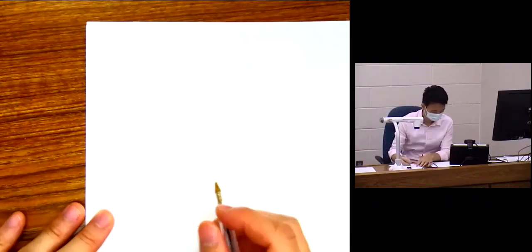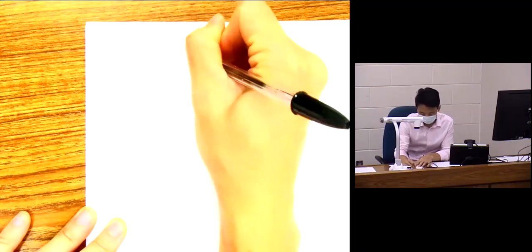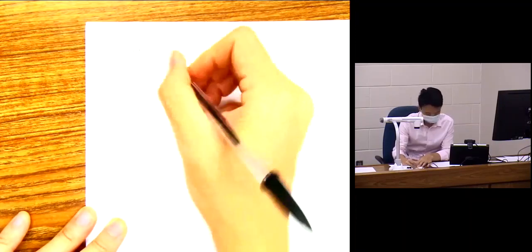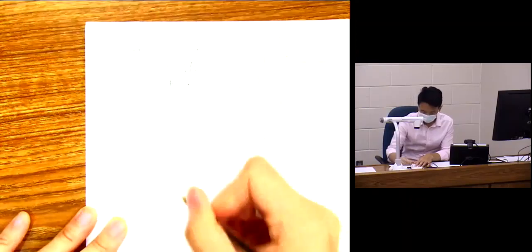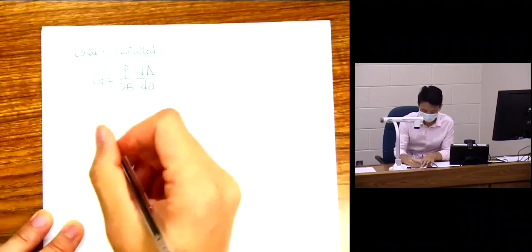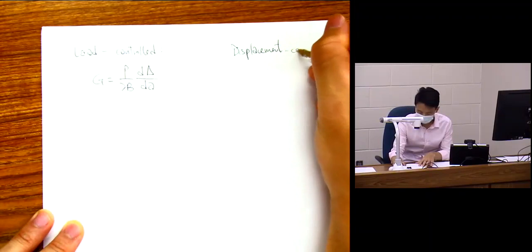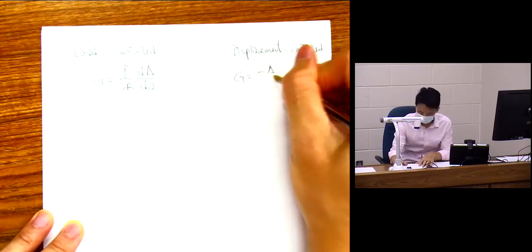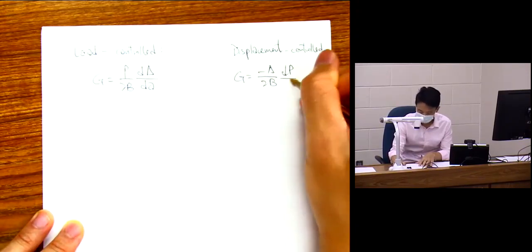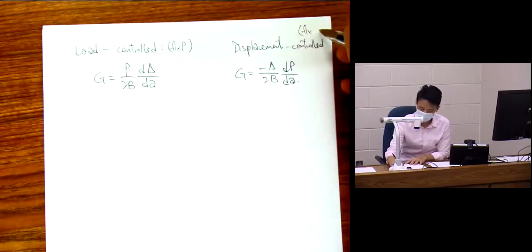We just summarize: for load controlled, or load fixed, we got G. For displacement control, G is, that means fixed P, or this is fixed delta.